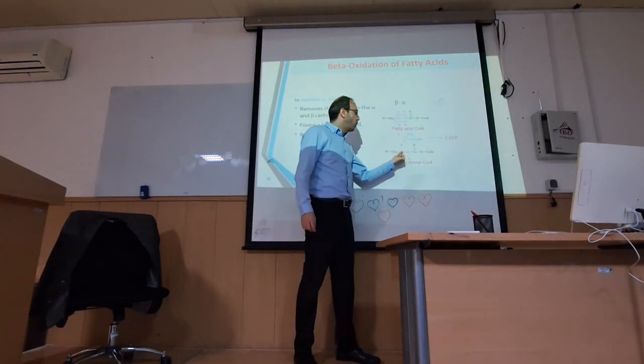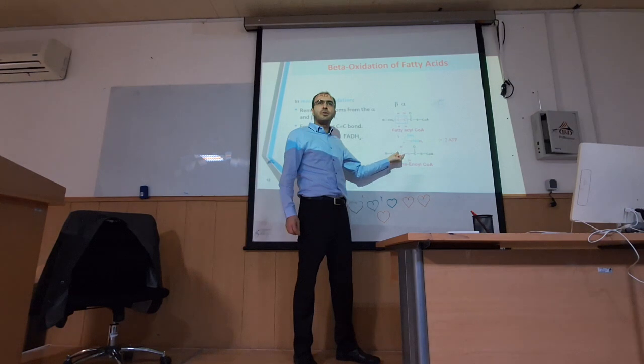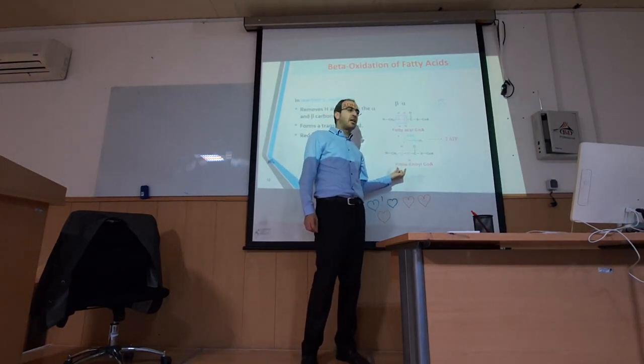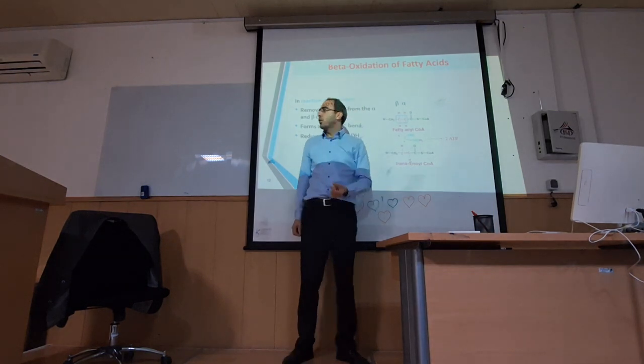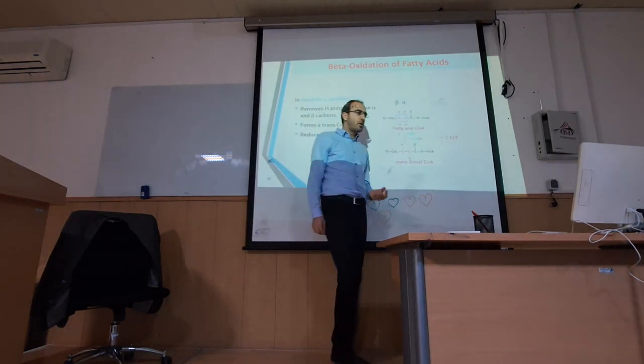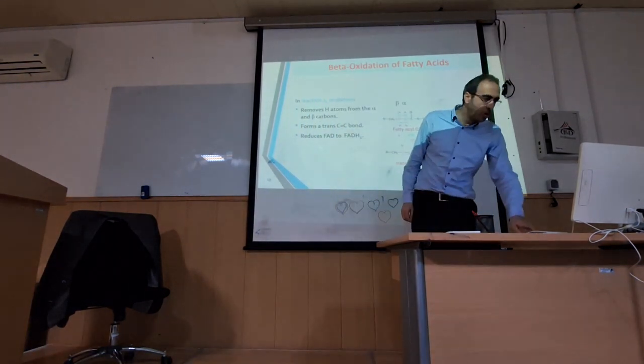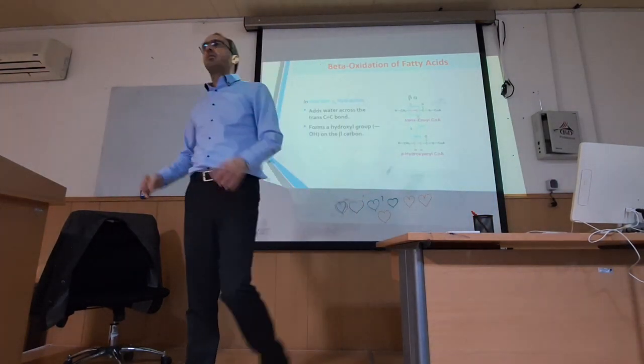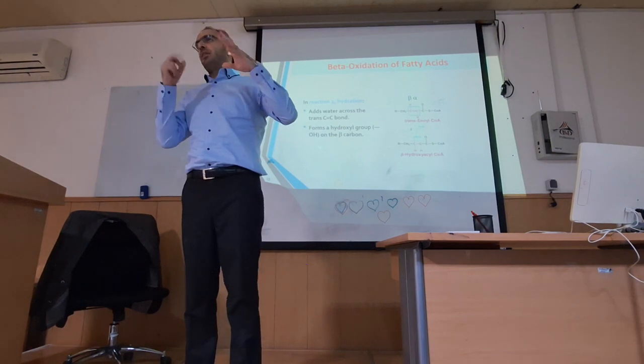Then we create a double bond between these two carbons. The name of this structure is trans-enoyl CoA. So until now we produced one FADH2, which is equal to 2 ATP.